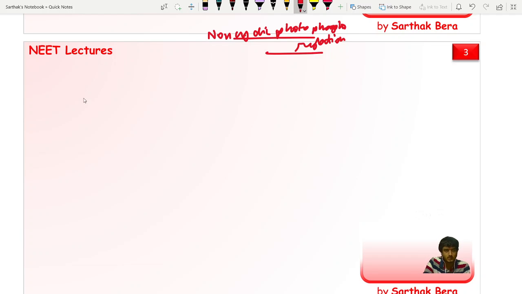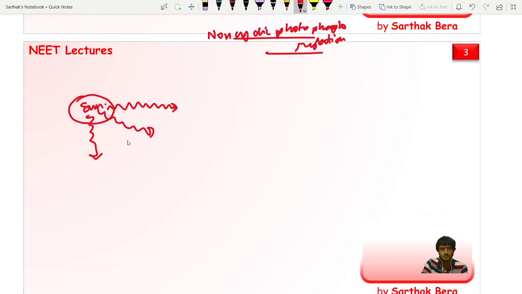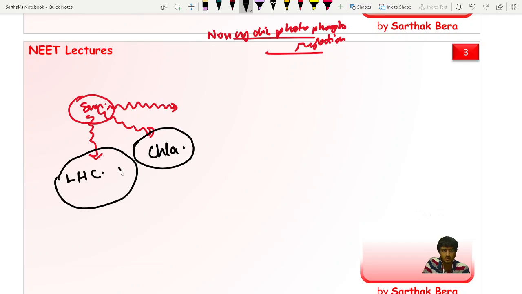So basically you have to understand there is a source of light which is the sun. The sun is radiating its lights of various wavelengths in various directions. There are some lights which are incident on the LHC, remember the light harvesting complex, and there are some light incident on chlorophyll a, which is a reaction center, and this LHC passes its energy to chlorophyll a or the reaction center.